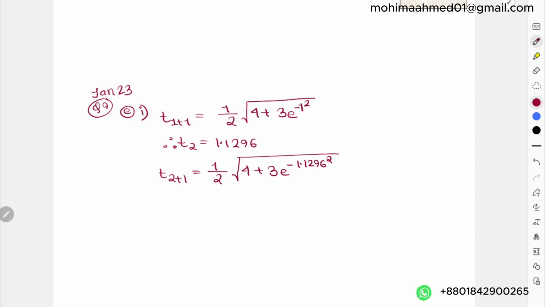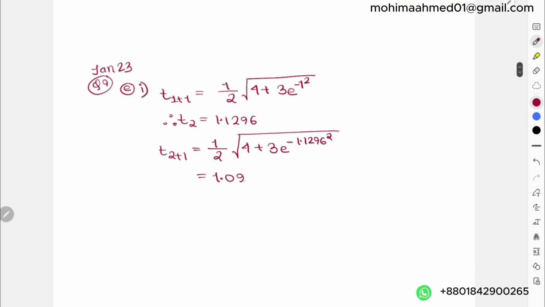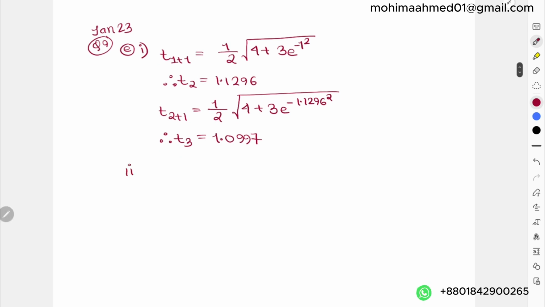So I'm going to get 1.0997. This is your x3, right? But now they were also asking to calculate the value for your alpha, right? So for your alpha, you have to continue this until you get the same value over and over again.